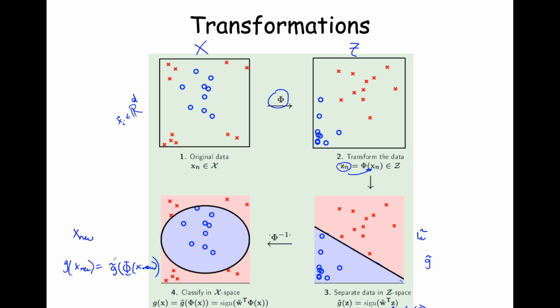Okay, and so this g tilde is nothing more than w tilde transpose times phi of x, and we're taking the sign of that resulting score. And that's our classifier. So absolutely, you can take this final best hypothesis that you learned in z space, and use it to evaluate new inputs in the input space representation.